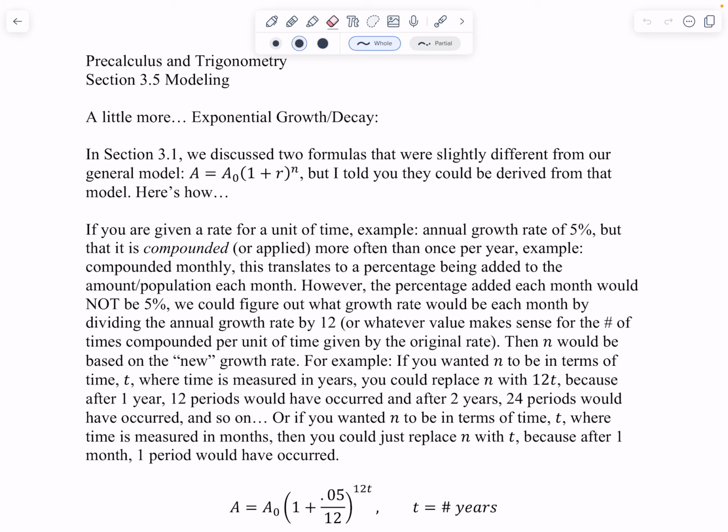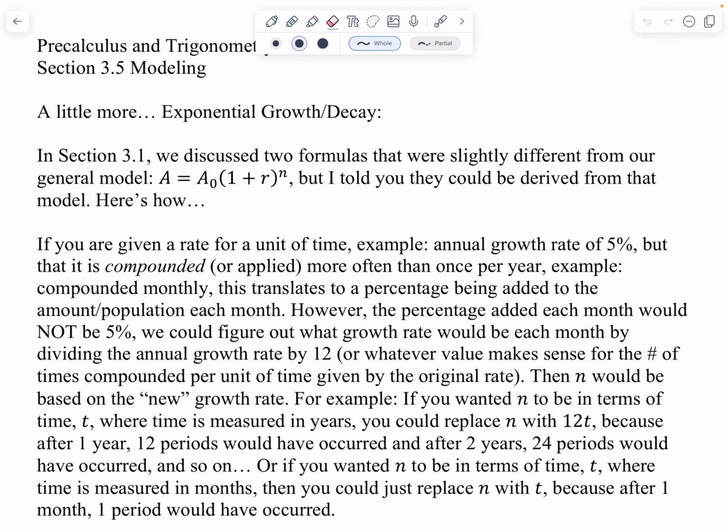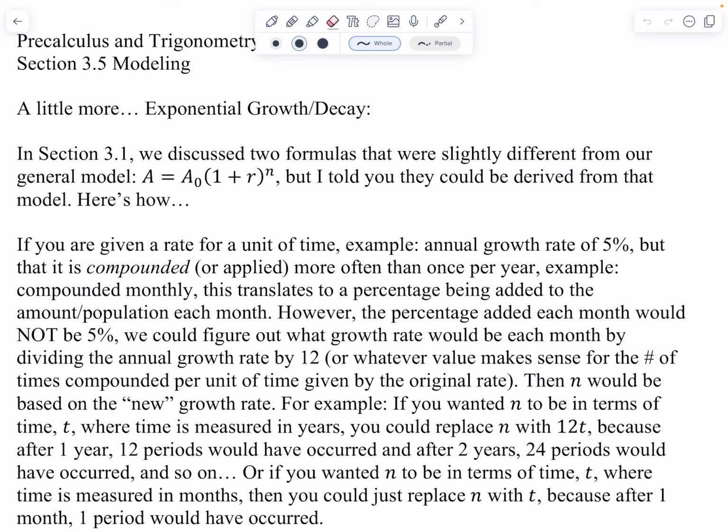For example, if you're presented with an annual growth rate of 5%, but that it's compounded monthly, that would mean there's actually a smaller percentage, not 5%, that's applied each month. And that percentage would be 5% divided by 12.